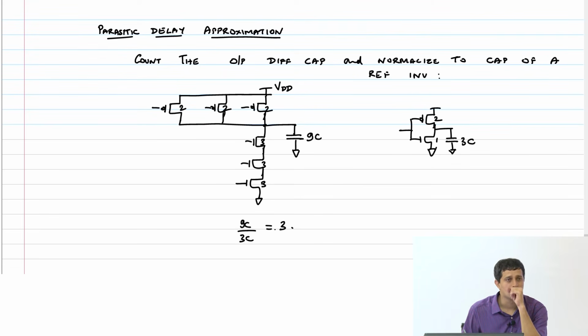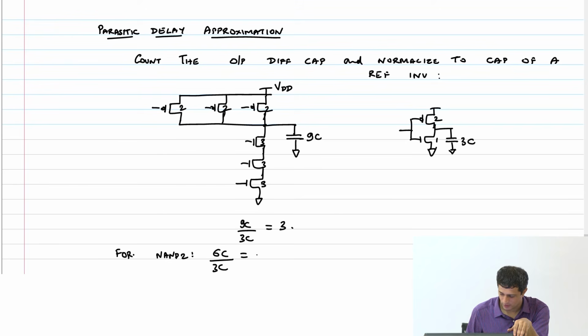What will it be for a NAND 2? 2, right? So you will get 6C by 3C equals 2. So we are not considering that case where the propagation delay had that 7 RC. We are saying effectively it's just 6 RC. Okay.